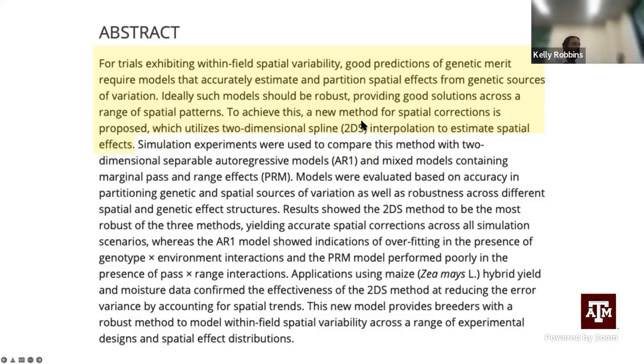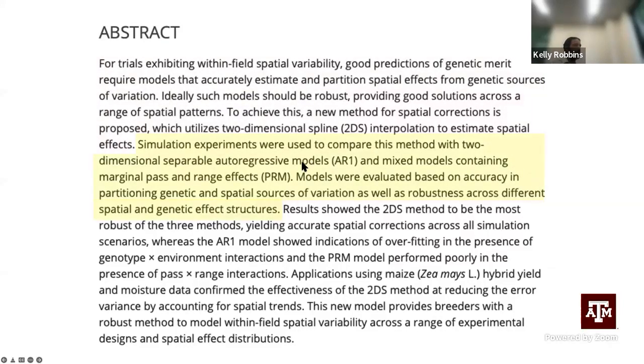So if you read this intro, you're aware that finding robust and accurate ways to do spatial corrections on field trials is what we're looking for. And specifically, what we did in this paper is we proposed, since at this point in time autoregressive models were probably the standard, a different way of doing this using two-dimensional splines. Everything can be improved, but not a bad background in my opinion.